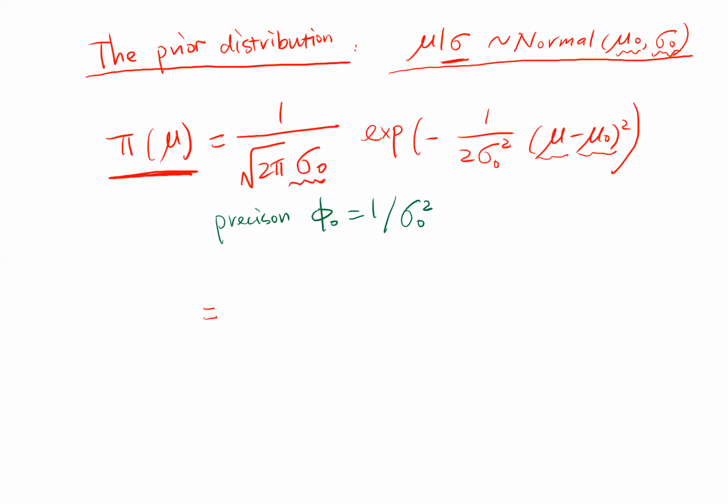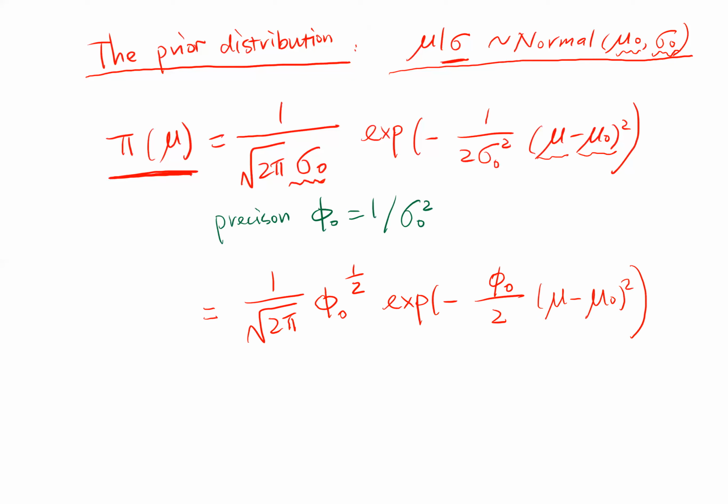So that simply means I have sigma 0, 1/2, and in the exponent, make sense? Yeah, so what we did is we just replaced the standard deviation with the precision.